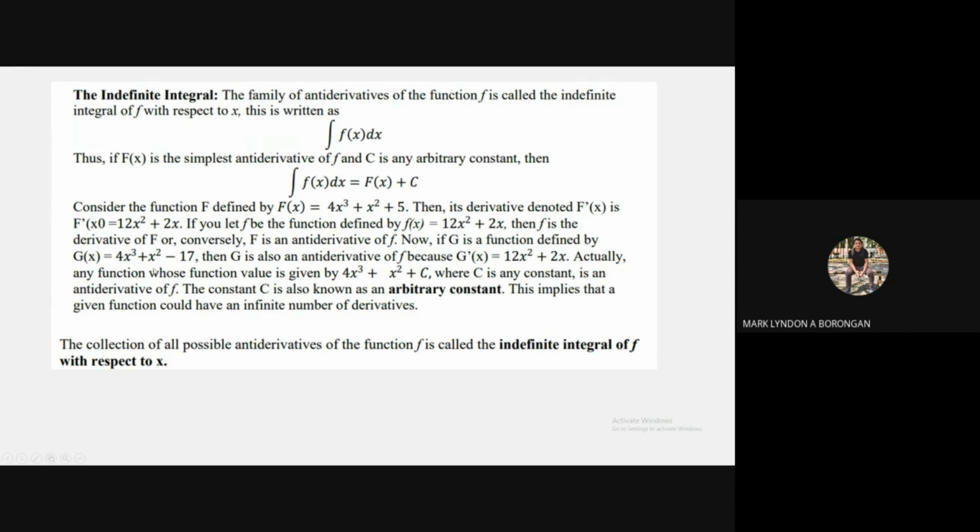So actually, any function whose function value is given by 4x cubed plus x squared plus c, where c is any constant, is an antiderivative of f. The constant c is also known as the arbitrary constant. This implies that a given function could have an infinite number of antiderivatives.